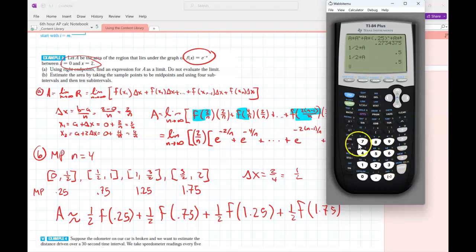So I'm going to have a times, and let's put that in the y equals, I'm going to put in my function. Vars, y vars, function y1. And I'll have a, which is 0, plus my delta x.